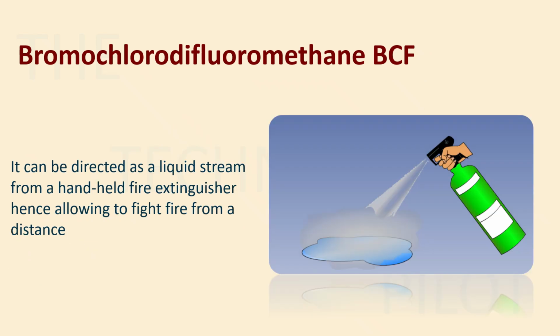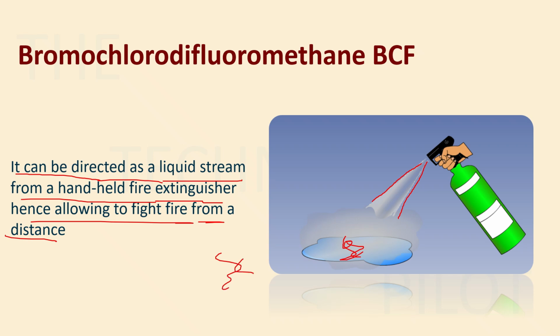It can also be directed as a liquid stream from a handheld fire extinguisher, hence allowing you to fight a fire from a distance. In this diagram, you can see that there is a proper stream coming out of the extinguisher. So if the fire is somewhere here or maybe here, you can literally extinguish the fire just by pointing it over the fire like this.